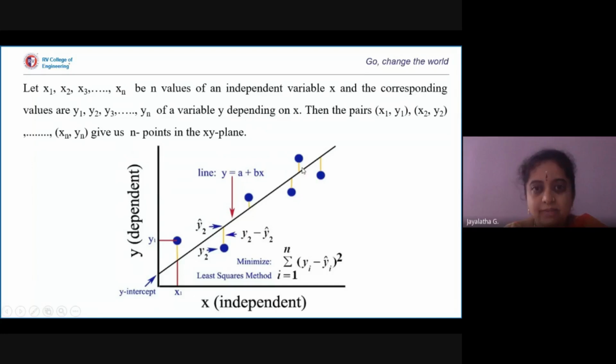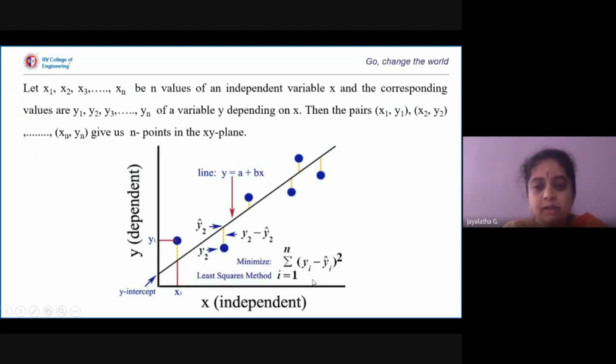For this data which is clustering around a straight line, the actual point is y1 here, and y1 hat is here. So y1 minus y1 hat whole square plus y2 minus y2 hat whole square. This is your actual point, and this is the fitted point on the fitted curve, right? Similarly, y3 and so on, yn.